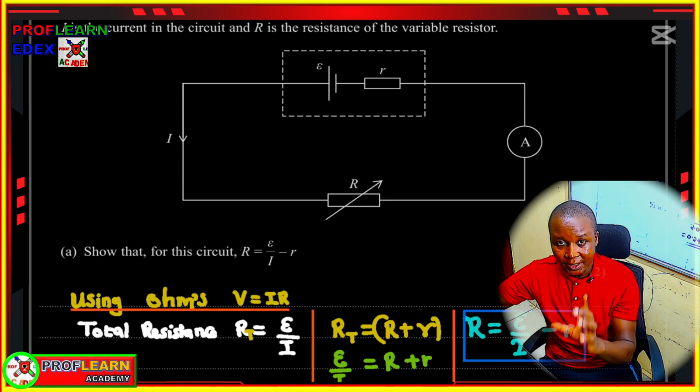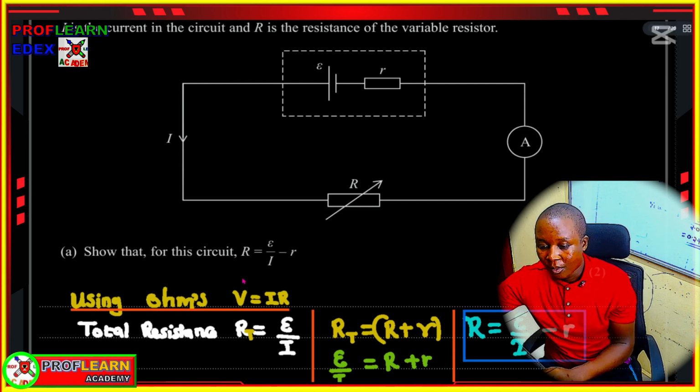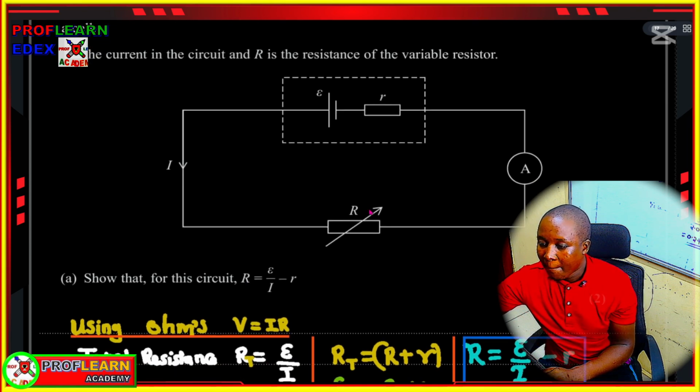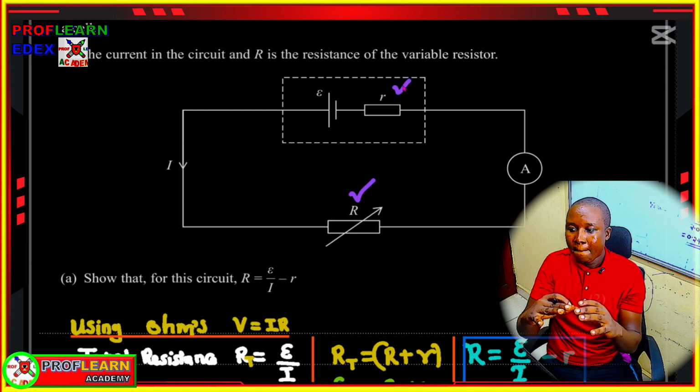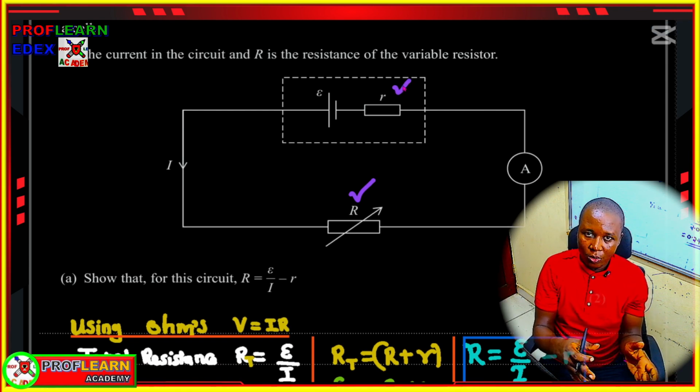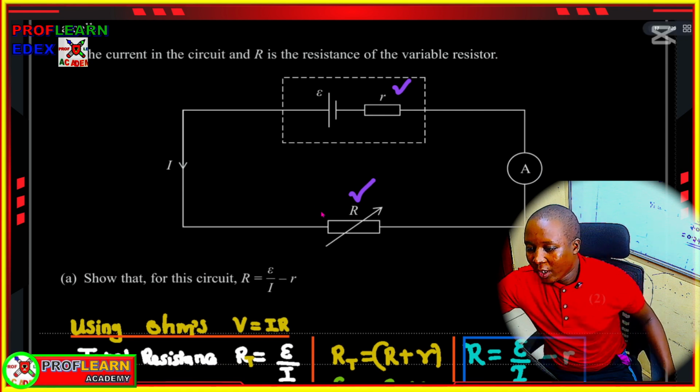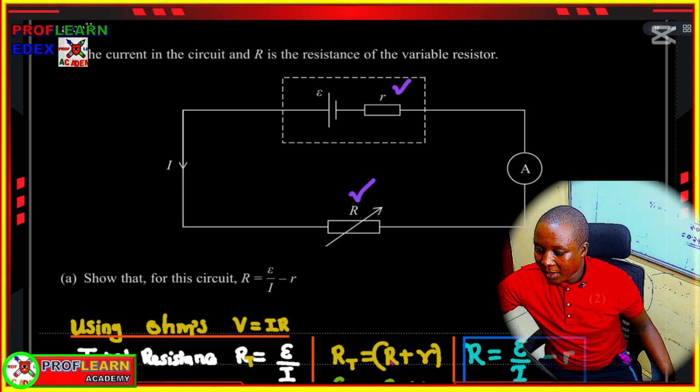That will be the first equation for total resistance. Then we can also get total resistance by adding this resistance and this resistance, because the internal resistance is in series with the external resistance. Then we are going to talk about total resistance being R plus small r.